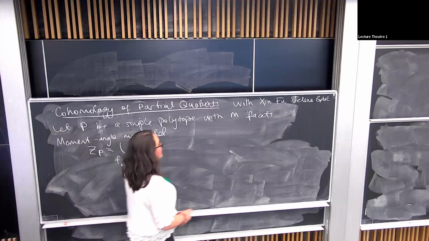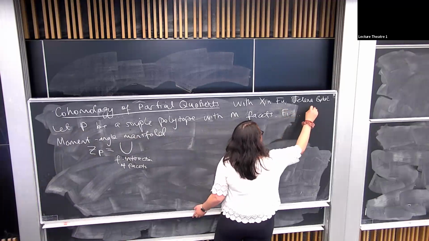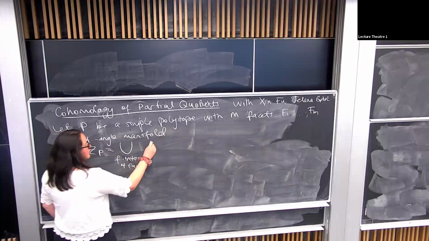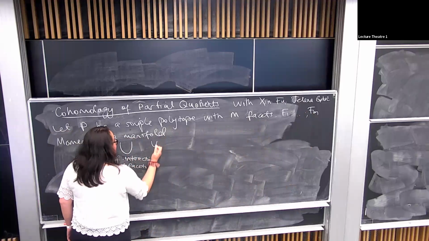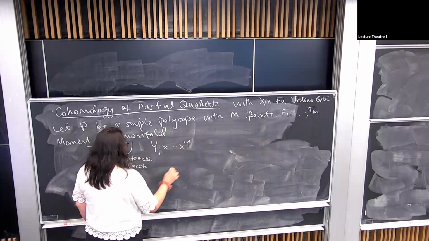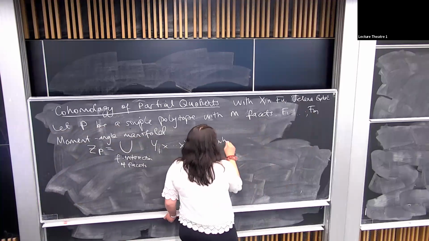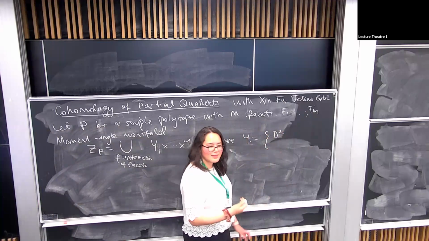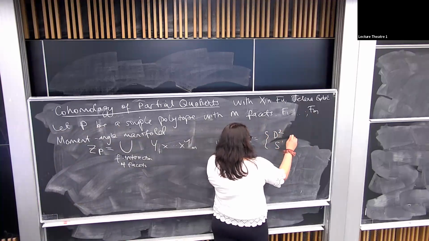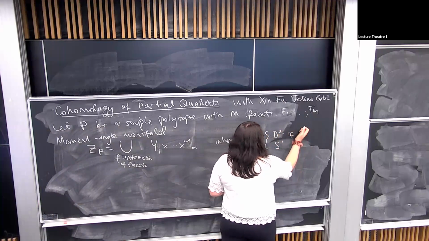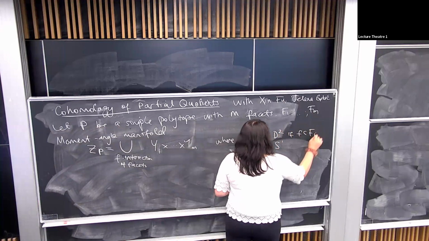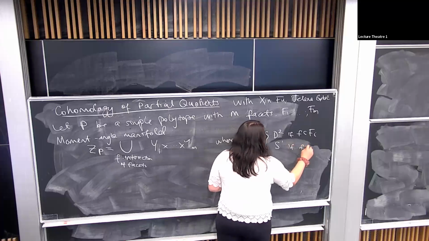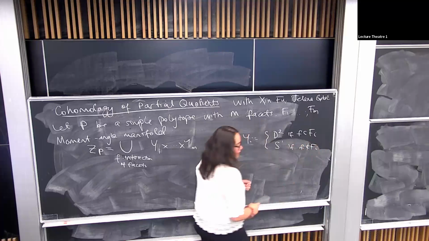Maybe I should give the facets names, F_1 up to F_m. Then I take the union of the product of m spaces Y_1 to Y_m, where these Y_i are either D^2 or S^1, so a polyhedral product with (D^2, S^1): we take a D^2 if F is inside the facet F_i, and an S^1 if F is not inside the facet F_i.